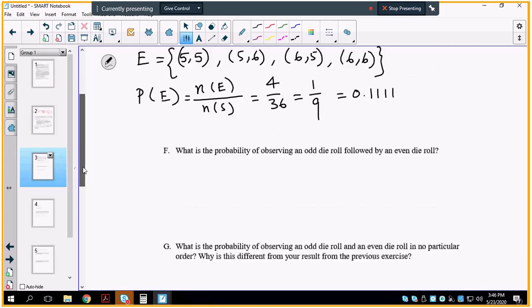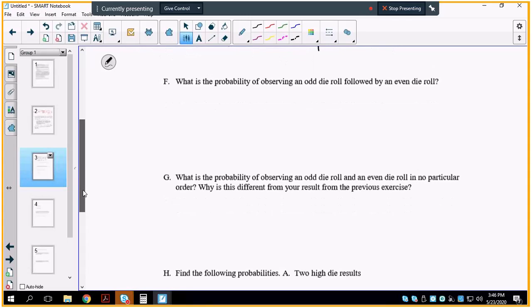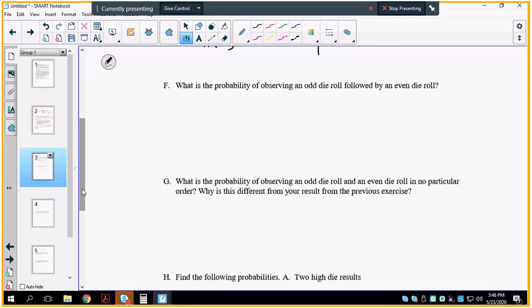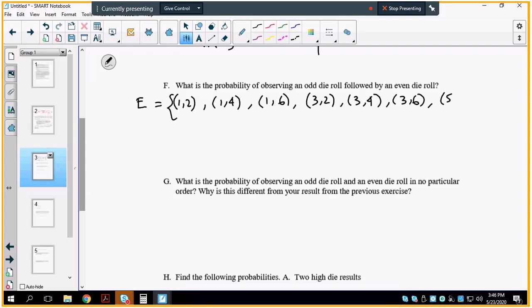What is the probability of observing an odd die roll followed by an even die roll? So write down the event space first. Odd followed by even. So I can do 1, 2. I can do 1, 4. I can do 1, 6. What else can I do? 3, 2. 3, 4. 3, 6. 5, 2. 5, 4. 5, 6.